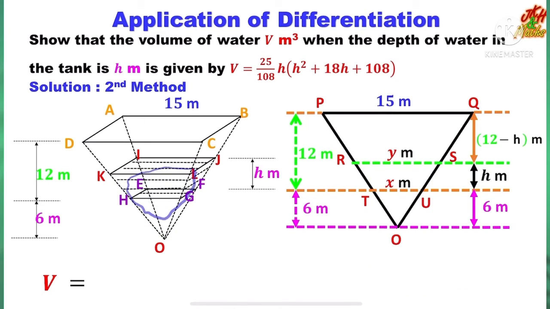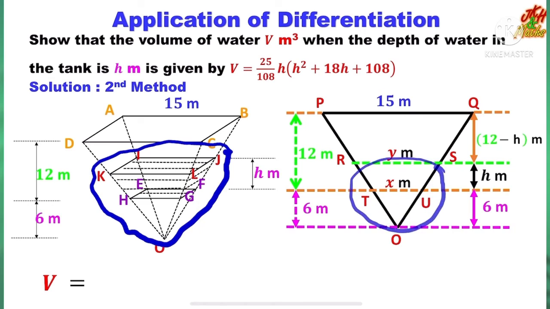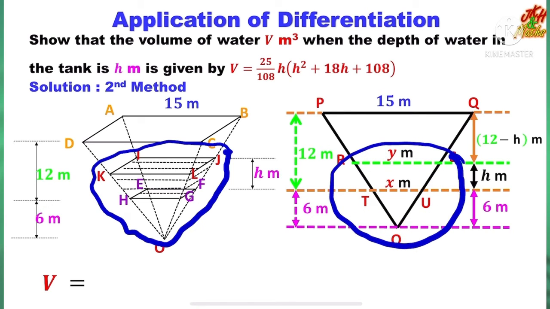So V is equal to the volume of the pyramid IJKLO, which is equal to 1/3 multiplied by the area of the base, where the area is given by y squared, where the side of the base is equal to y, times its height, which is equal to h plus 6.